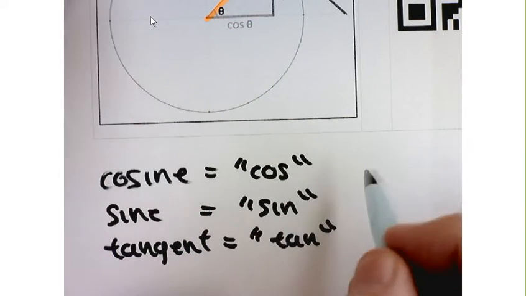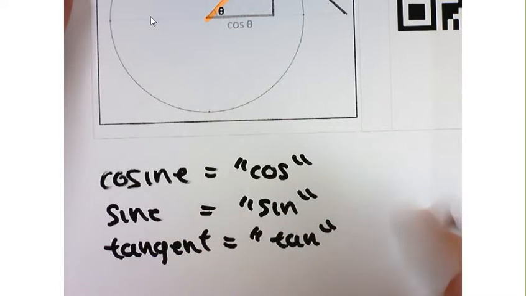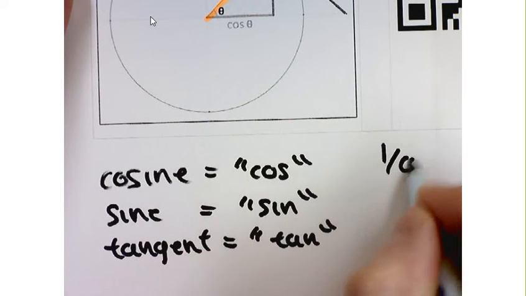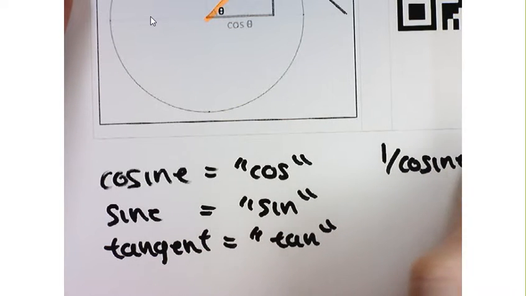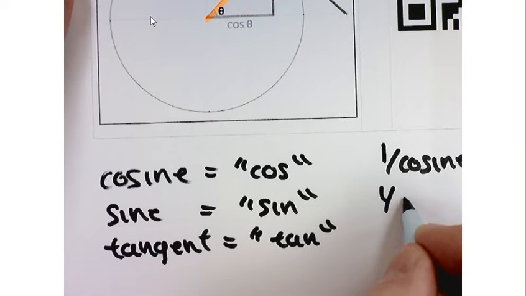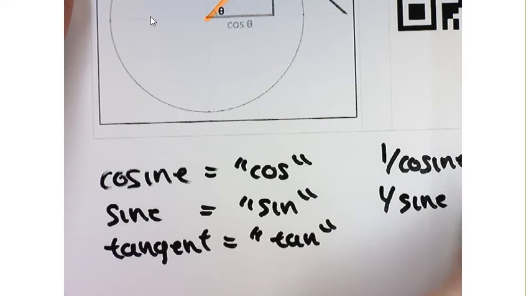Now we're also going to have the reciprocals of these functions. So 1 over the cosine is going to be the secant. I should probably start putting in some angles here, but I'm not just yet. 1 over the sine is going to be the cosecant.